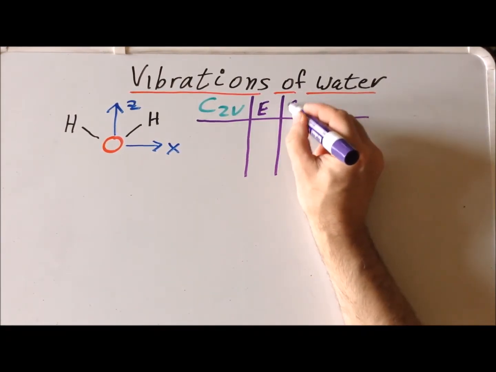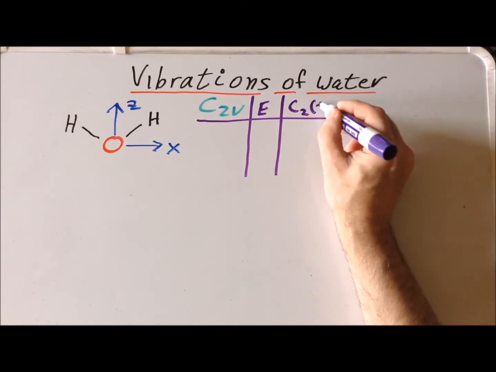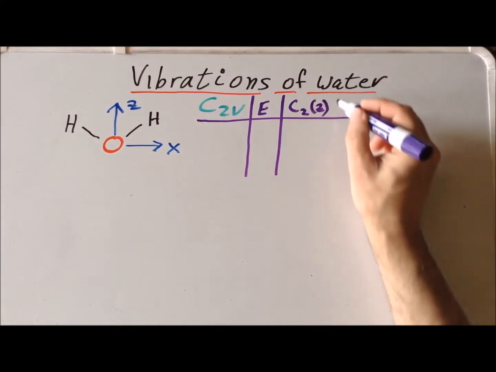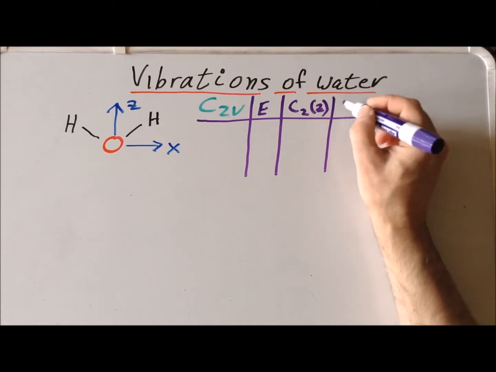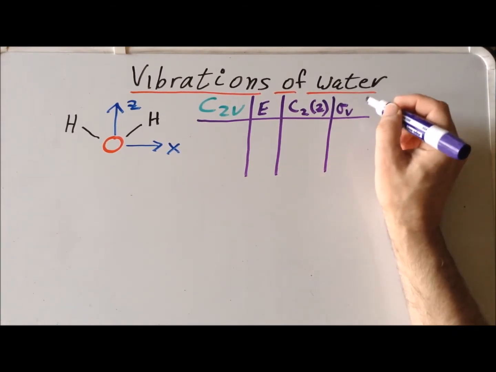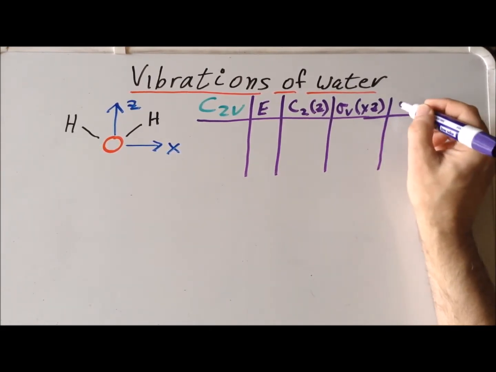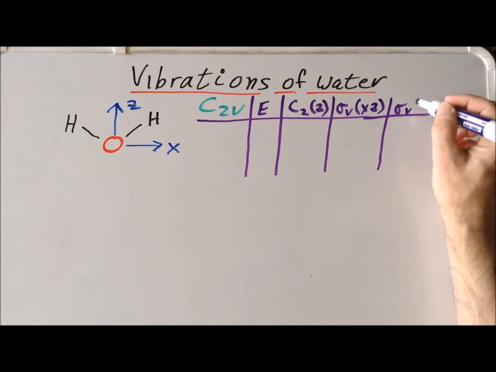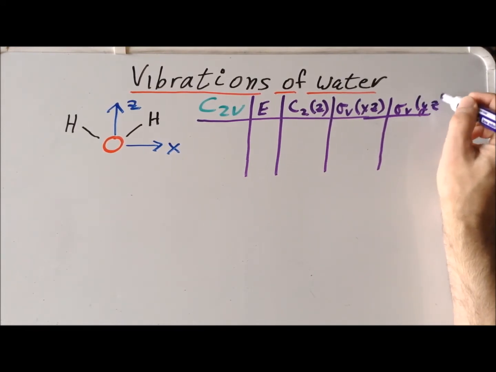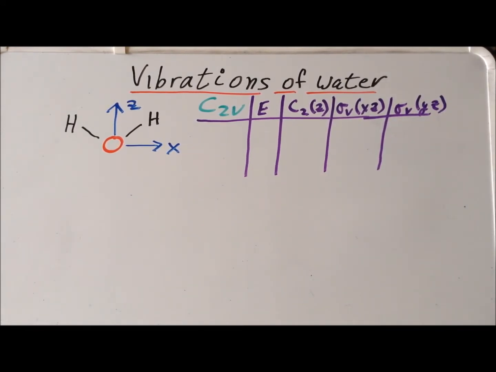And it turns out in C2V that each operation belongs to its own class. So we have one column for each of the four symmetry operations in C2V.